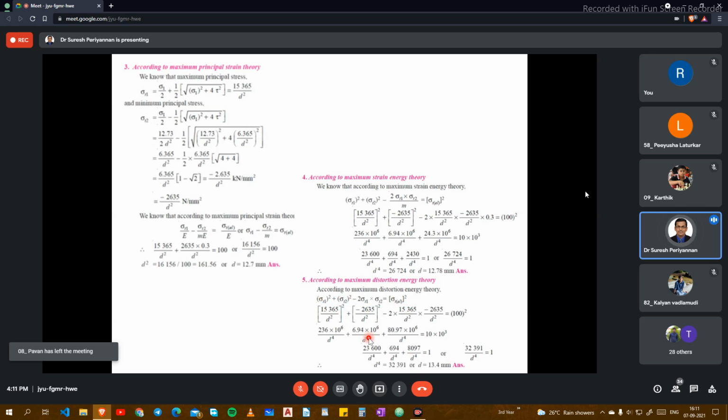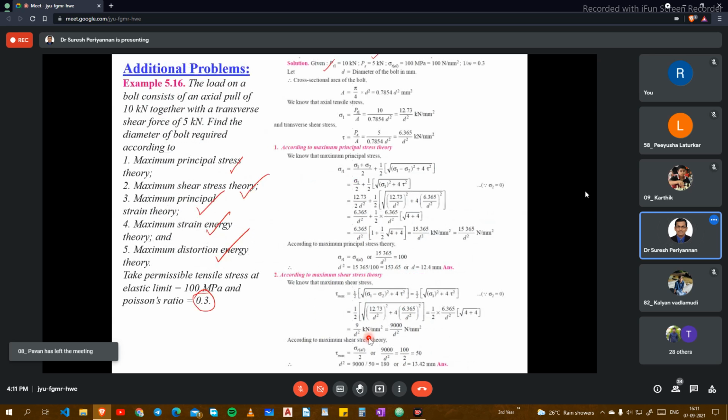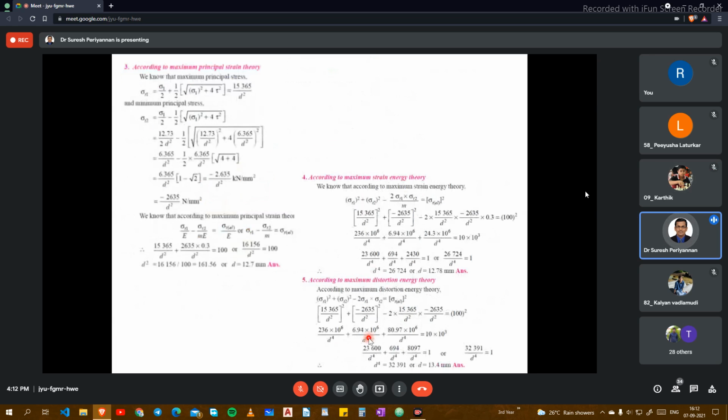Now which diameter is suitable? 13.4 is suitable or 12.4 is suitable? 13.4. Yeah, thank you. You see here the maximum shear stress theory and maximum distortion energy theory almost give the same value.